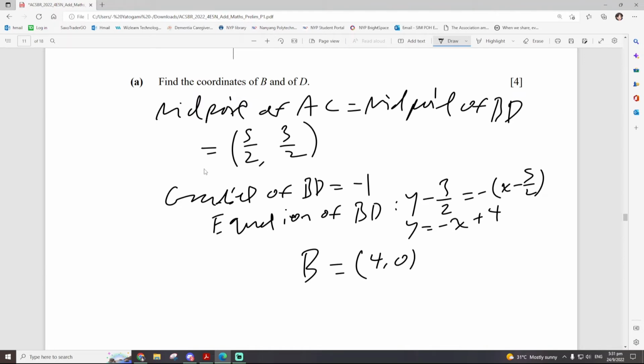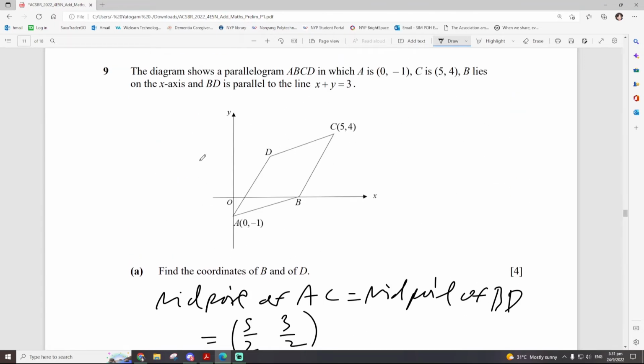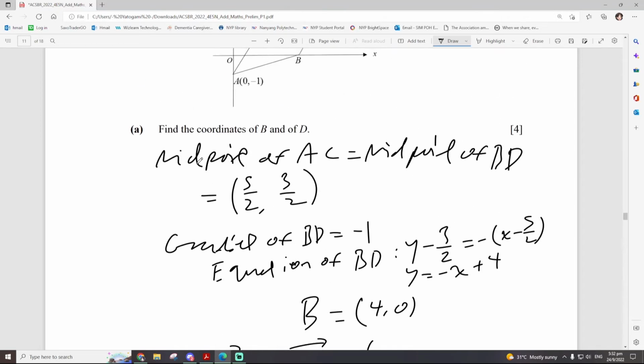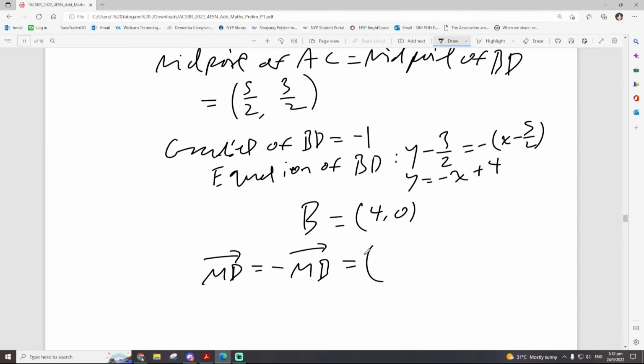And then you can use this to find the coordinates of D. I will use the fact that the vector MD equals the negative of the vector MB, which is, vector MB is 5/2 to 4, so that's 3/2. So this is minus 3/2, and the other component is 3/2 to 0, so this is positive 3/2.